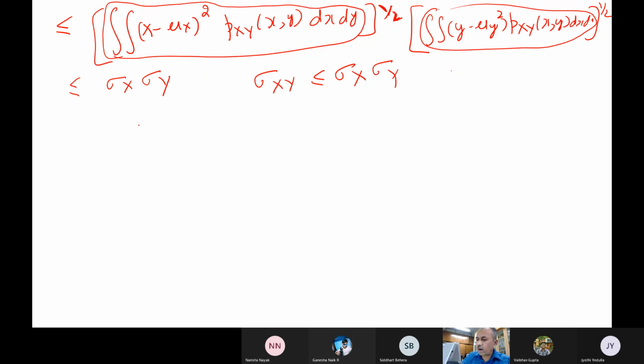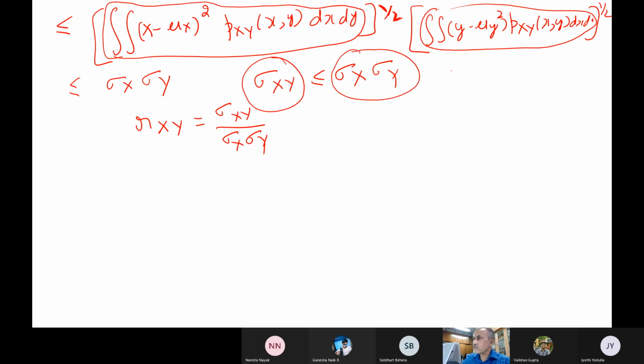So now r_XY, what is the maximum value it can take? r_XY is defined as sigma_XY divided by sigma_x into sigma_y. From the Schwarz inequality, the numerator can never exceed this product. Tell me what is the maximum value it can take?